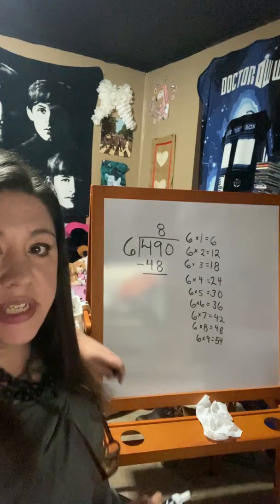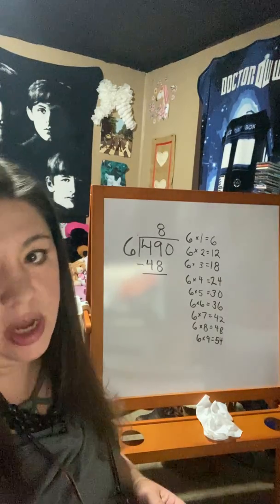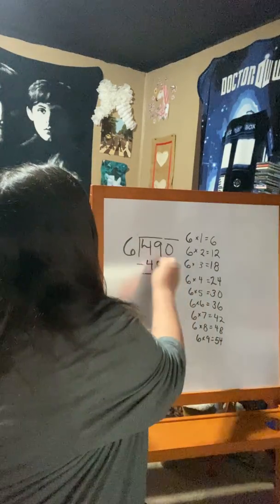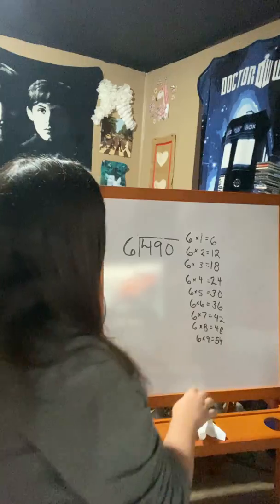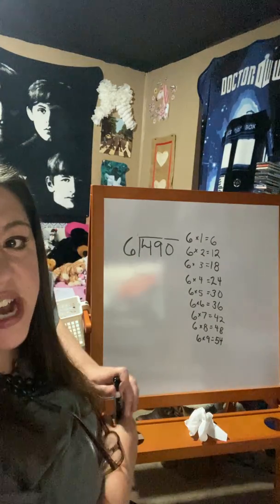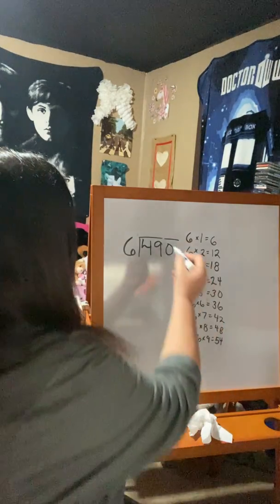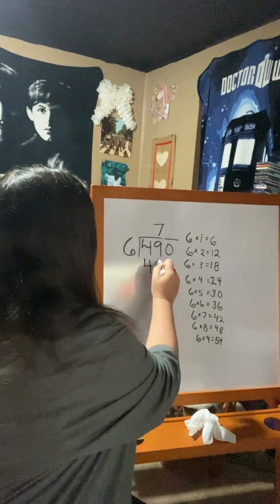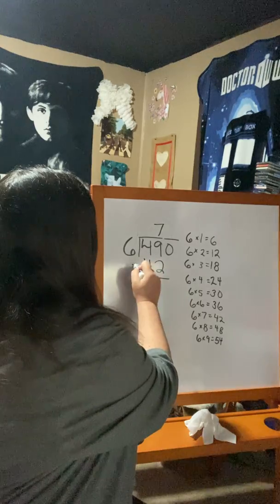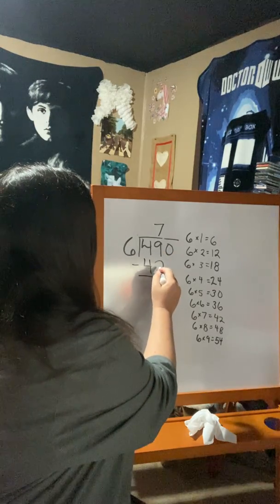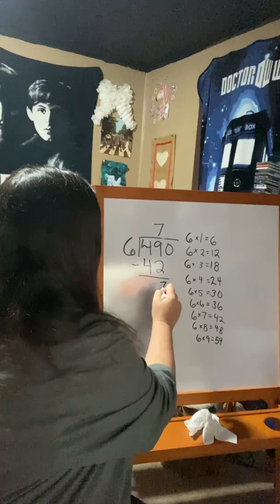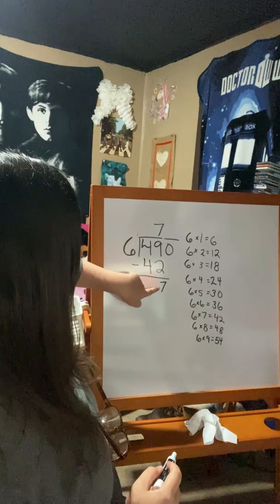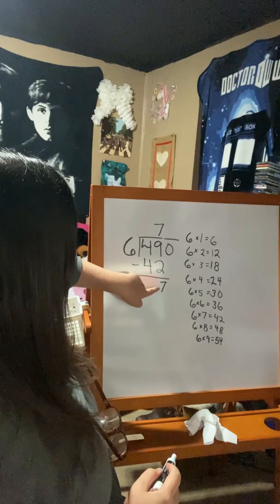Okay, now let's pretend that we chose the wrong number. Let's do some what ifs. What if we thought 6 will go into 49 7 times? 6 times 7 is 42. Then we subtract. 49 minus 42 is 7. 7 is already too big of a remainder.